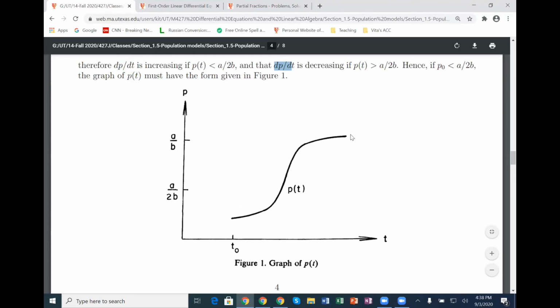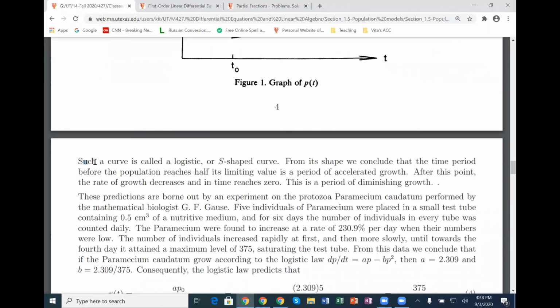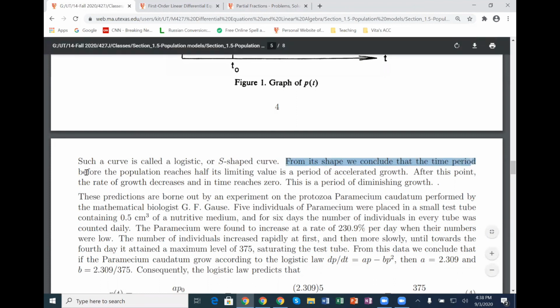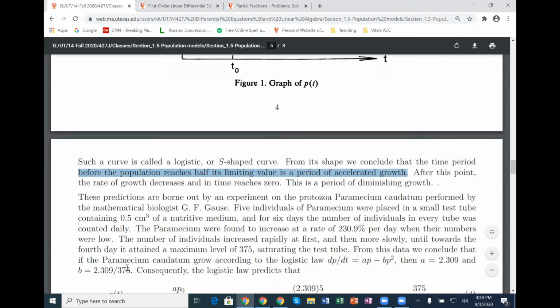Overall, the function is increasing and its values do not exceed A over B. Such a curve is called a logistic or S-shaped curve. From its shape, we conclude that the time period before population reaches half its limiting value is a period of accelerated growth.